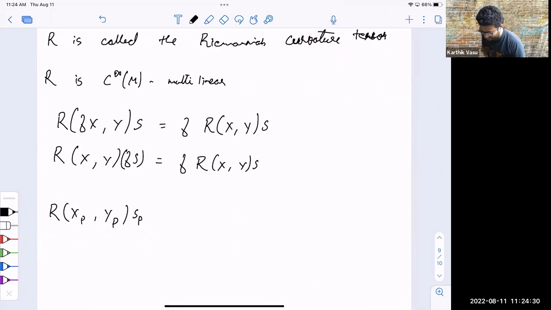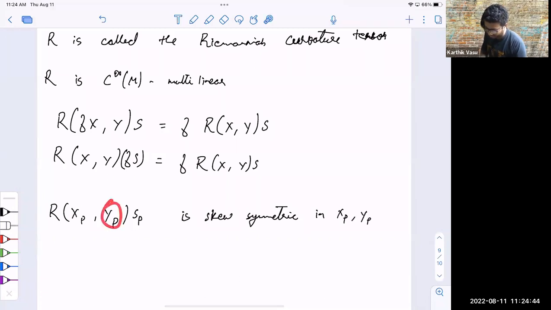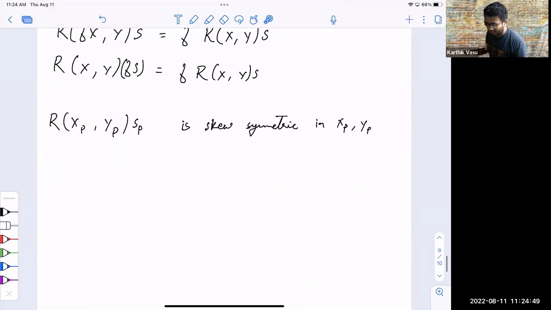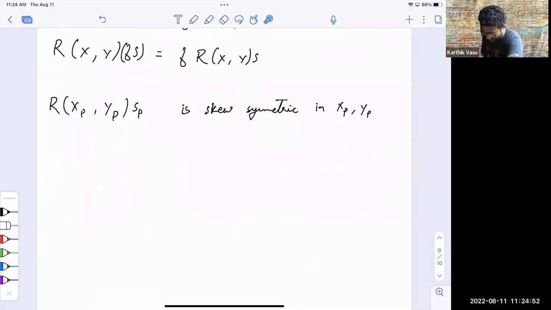And what this has is, it is skew symmetric in X_p and Y_p. So basically, if you flip X_p and Y_p here, you'll get a negative sign. Why do I care about that? It's just saying that R takes two tangent vectors and maps sections to another section, right?